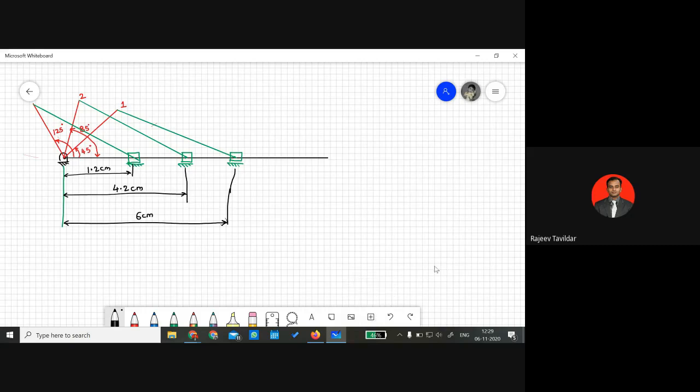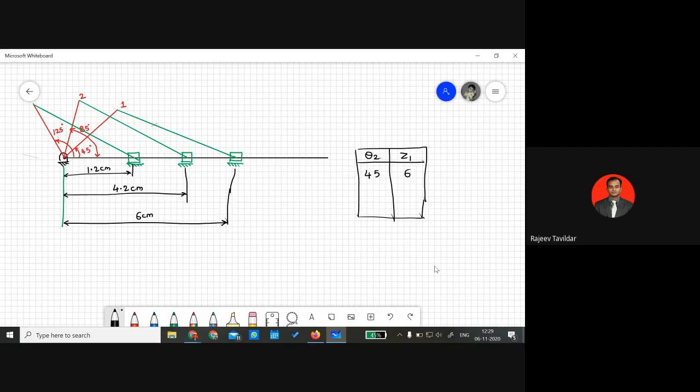Okay. So now once you have drawn this, then we can make this table. Theta 2 and Z1. So when the theta 2 value is 45 degrees, that is I'm talking about position 1, then the Z1 is 6 centimeters.